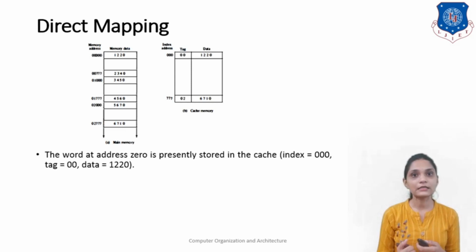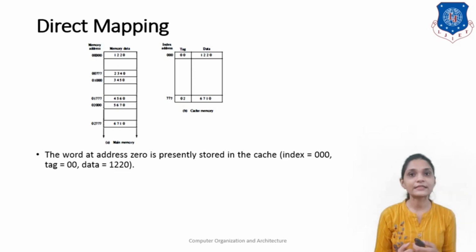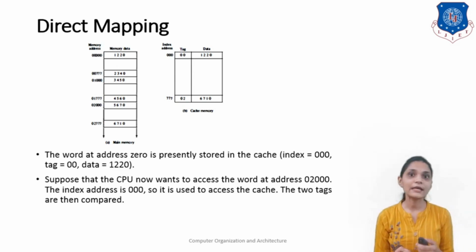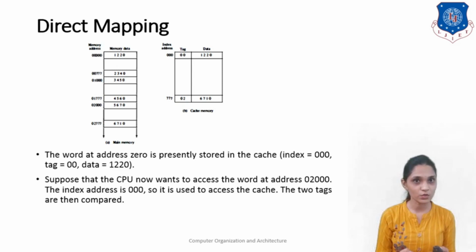The word at address 0 is presently stored in the cache at index 000 with tag value 00 and data 1220. Suppose that the CPU now wants to access the word at address location 02000. For this location, the index value will be 000 and the tag value will be 02.